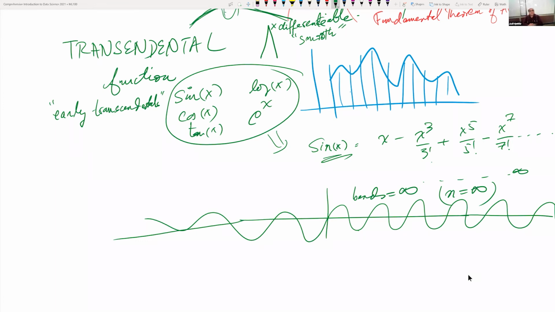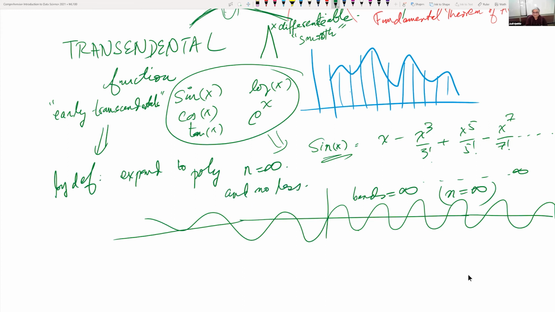So the point is, transcendental functions, by definition, expand to a polynomial of degree n equal to infinity and no less. Another way of saying it is that you cannot represent it as a finite degree polynomial.